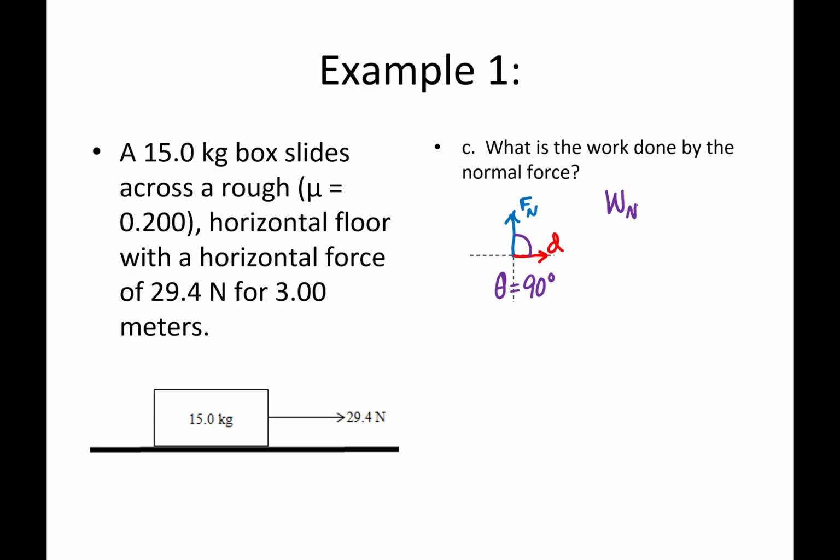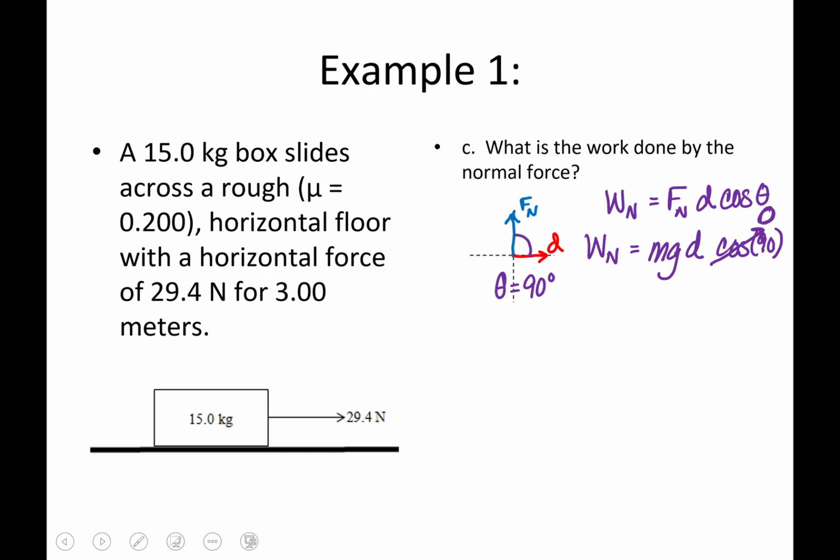So the work done by the normal force would be the force normal times d times the cosine of the angle in between them. And hey, we just figured out in the last slide that the normal force was mg, so we've got mg times d times the cosine of 90. Isn't that just 0?